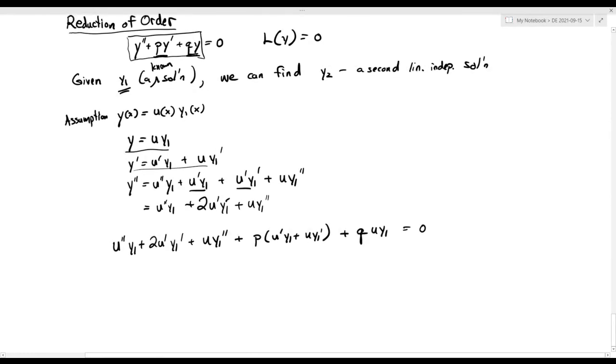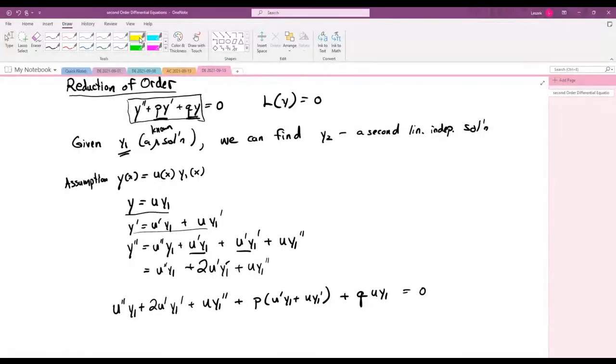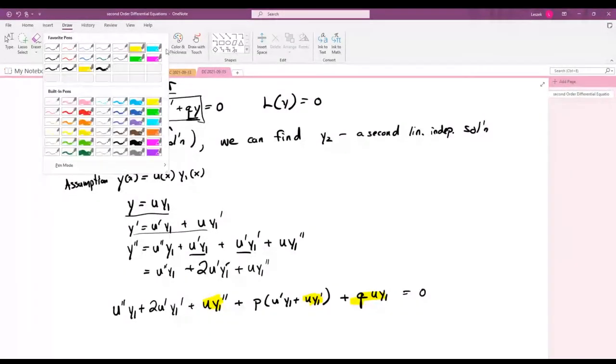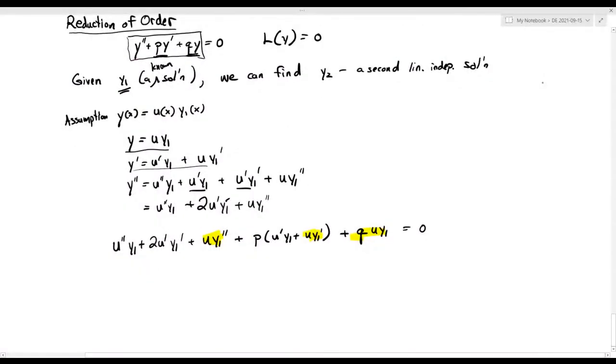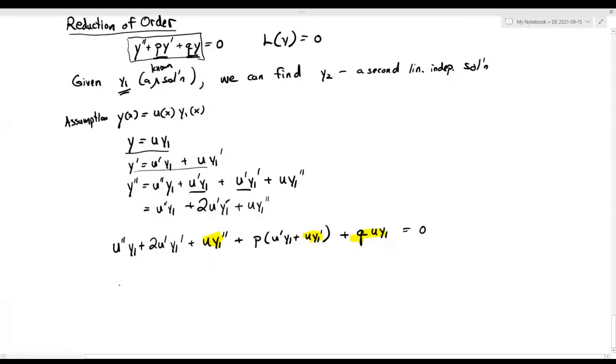Now we're going to rearrange. We're going to collect all the terms that have a u in them. Those terms are here, here and here. So I'll write those first.